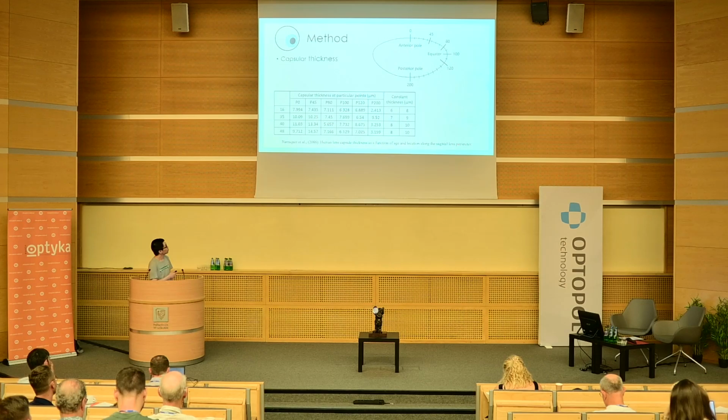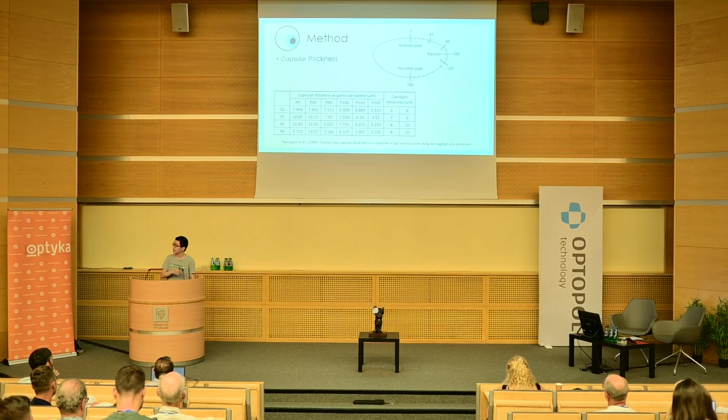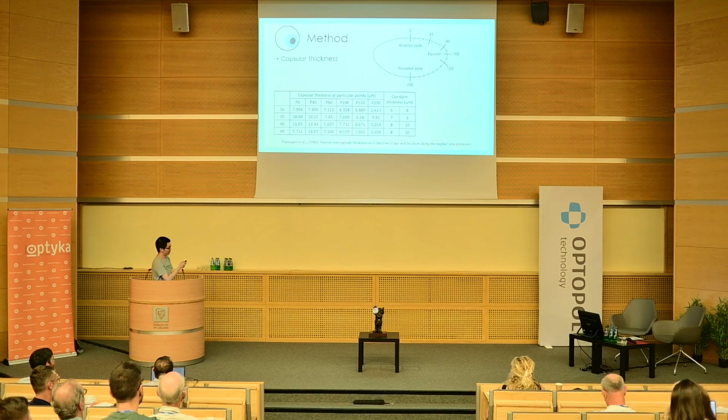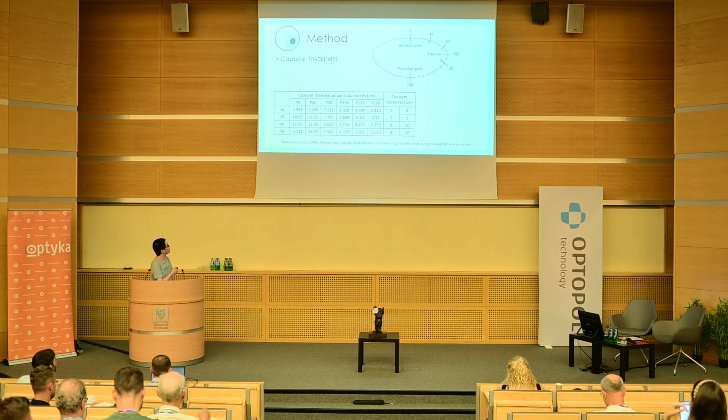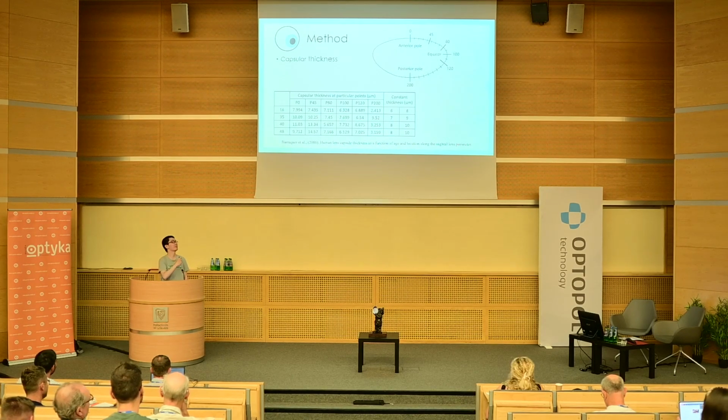The capsule from the anterior pole to the equator and from the posterior pole to the equator was divided into 100 equal parts, and six locations from the anterior pole to the posterior pole were given a specific capsule thickness as listed in the table.